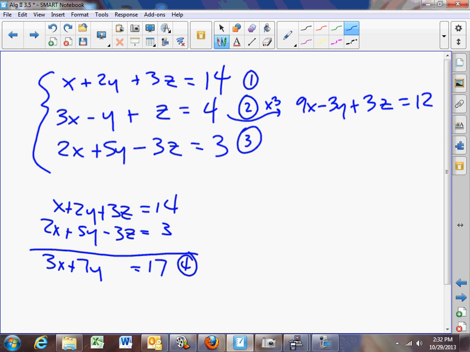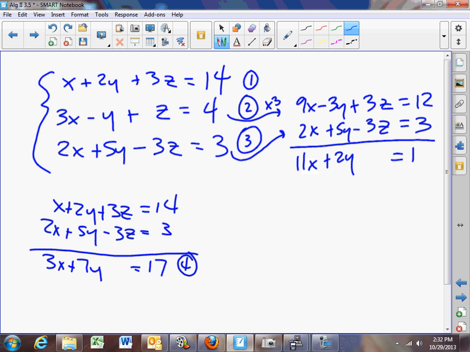And equation 3 can just be written as it is, 2x plus 5y minus 3z equals 3. I'll get the equation 11x plus 2y equals 15. Now, I'm going to call this equation 5.